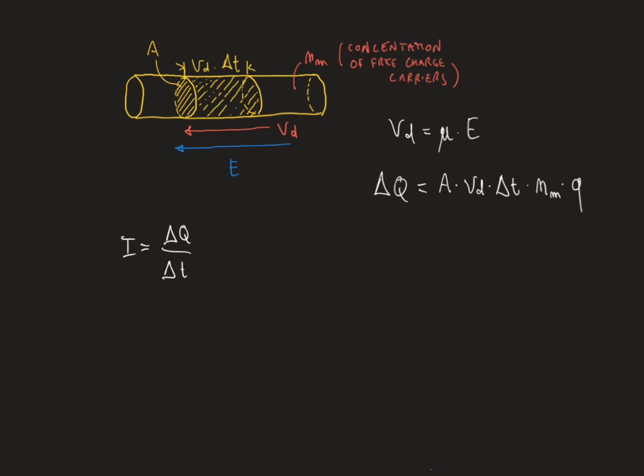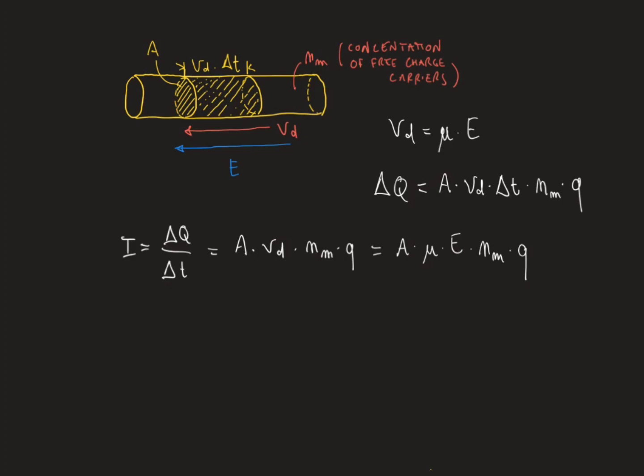So based on the expression we got for delta Q, the current I will be given by A times the drift velocity Vd times the carrier concentration times the charge Q. Now we can replace the expression of the drift velocity as a function of the electric field, and what we get is the area A of the section of the wire times the mobility mu times the electric field times again the carrier concentration times the elementary charge Q.